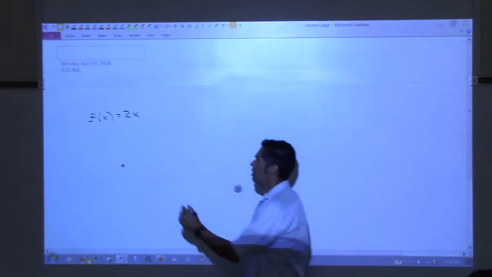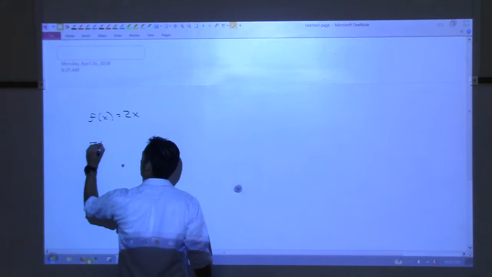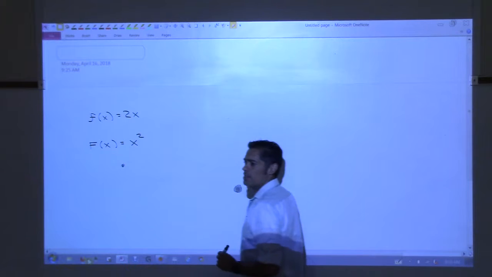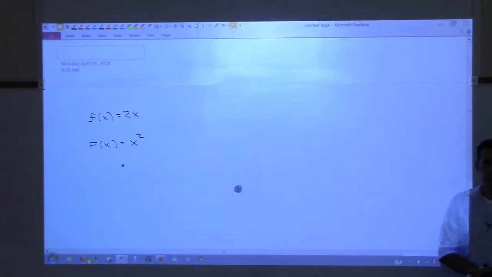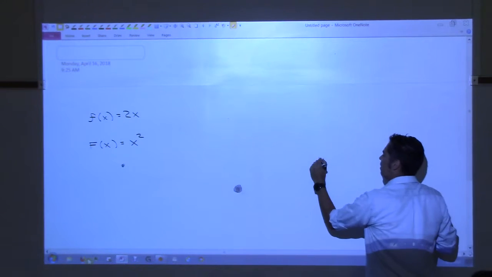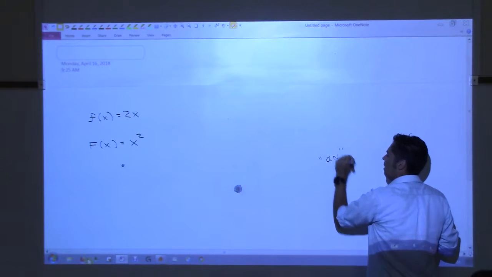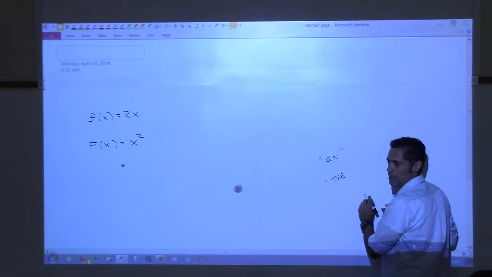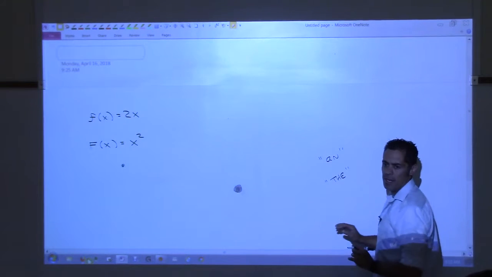x squared, right? So we would say capital F of x equals x squared is an antiderivative of that. I said an antiderivative, not the antiderivative, because that's not the only answer.